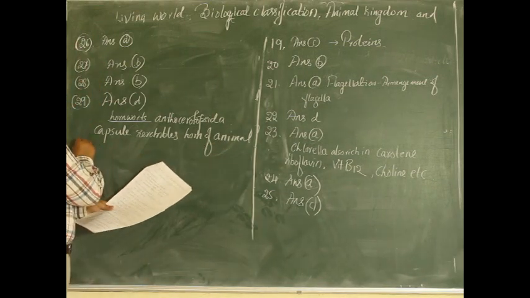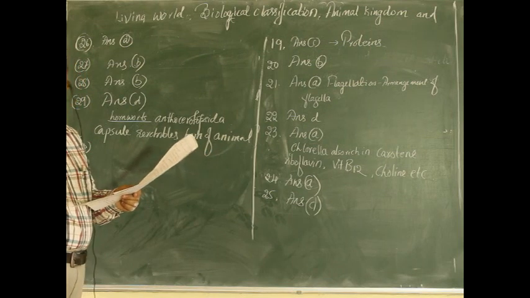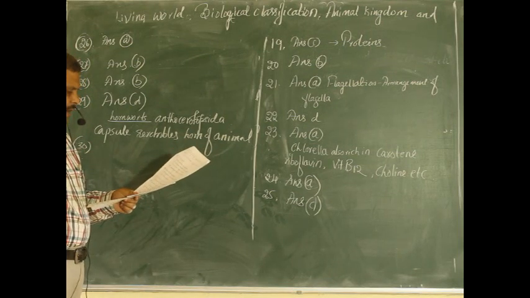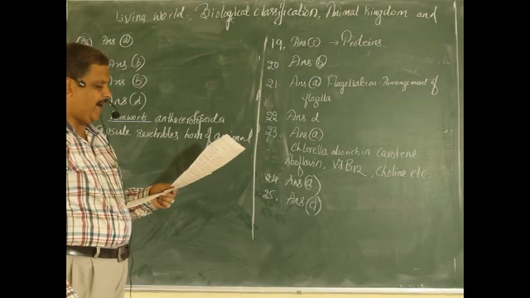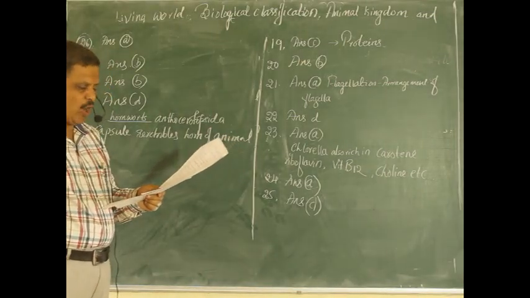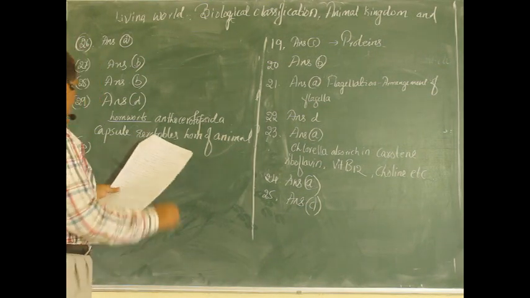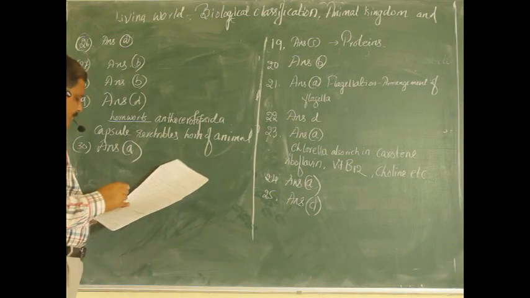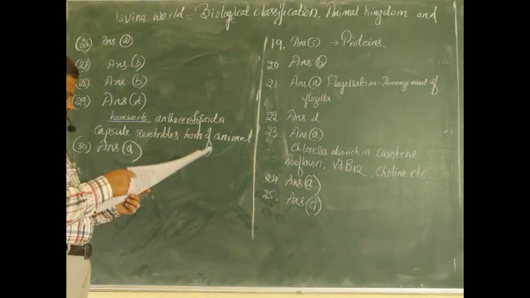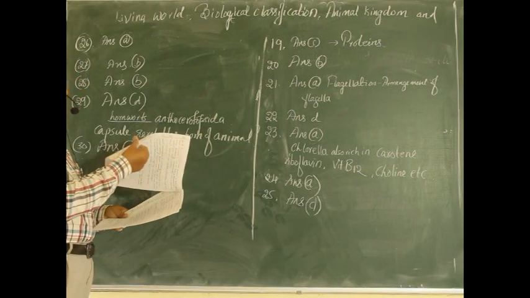Question number 30. Thallus of Riccia is: option A, haploid; option B, triploid; option C, diploid; option D, tetraploid. So the option is A. Next question.